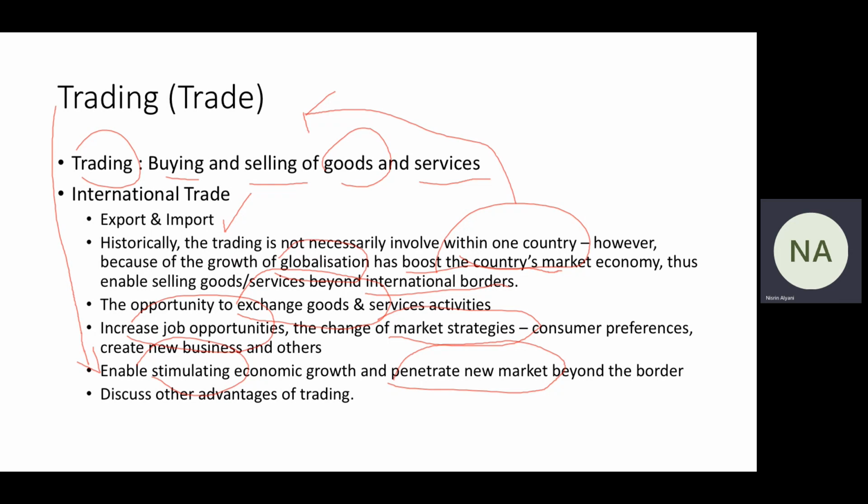Therefore, the country has an increased economy based on the tax paid by the traders. Eventually, the money is coming in, because they are spending their money to buy your product. So you might be wondering, or you might be discussing, any other advantages of trading.